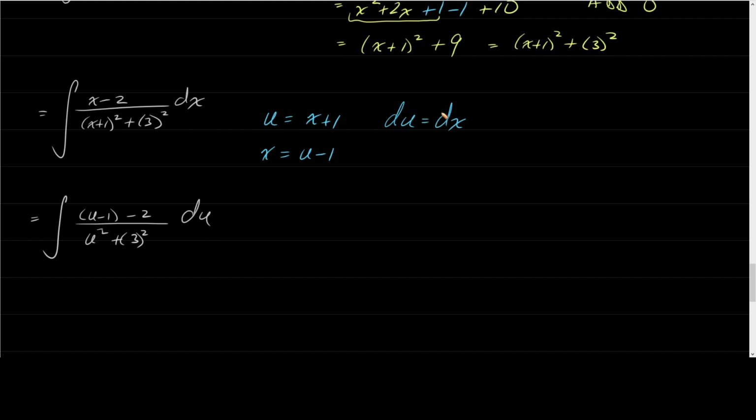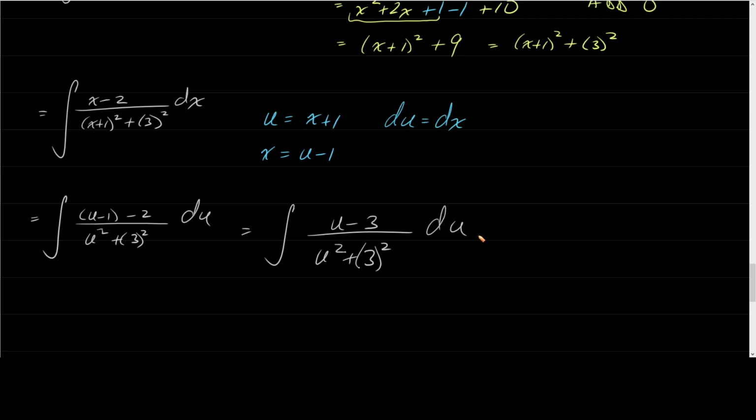Because du is just dx. And at that point, what I really have here is the integral of u minus 3 over u squared plus 3 squared du. Now, in here, it still is not exactly what we wanna work with, all right?